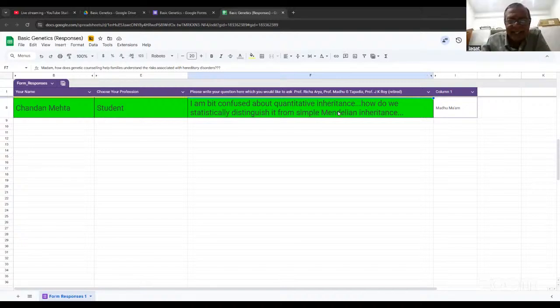I just want to add that in simple Mendelian inheritance, what you usually study is one gene. You are talking about a monogenic trait. And in quantitative inheritance, more than one gene may be involved. So it is not so simple that it will follow 1:2:3, or 1:2:1, or 1:3, that kind of a thing.